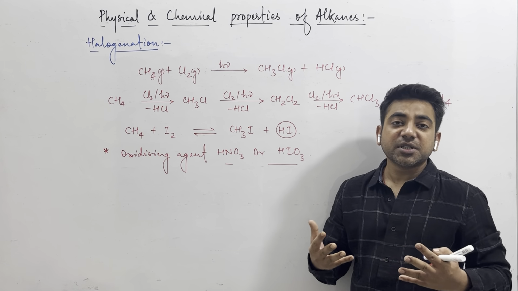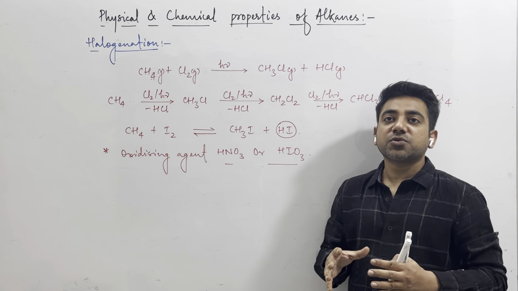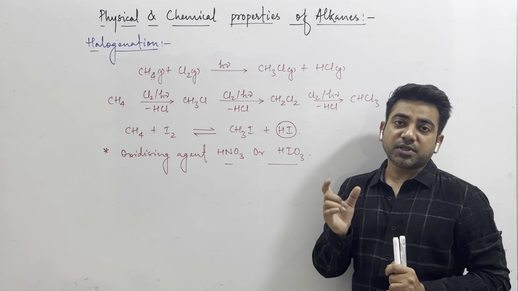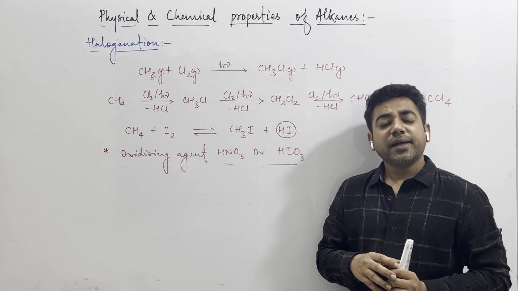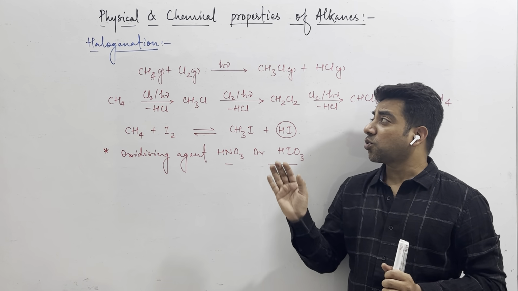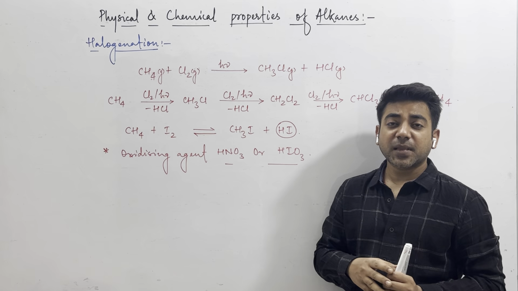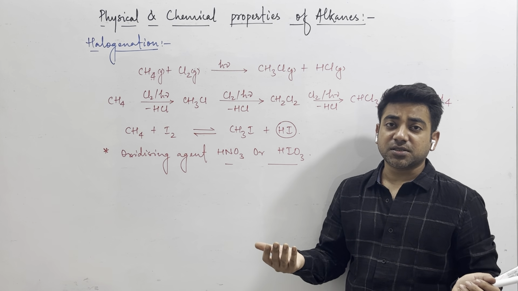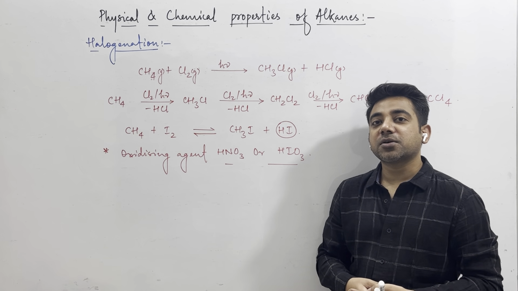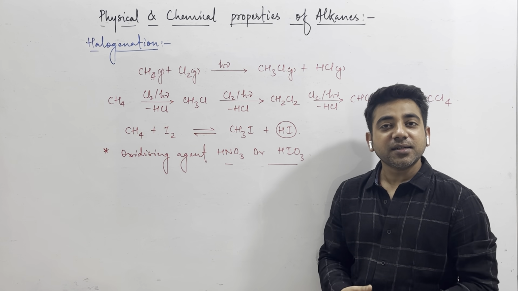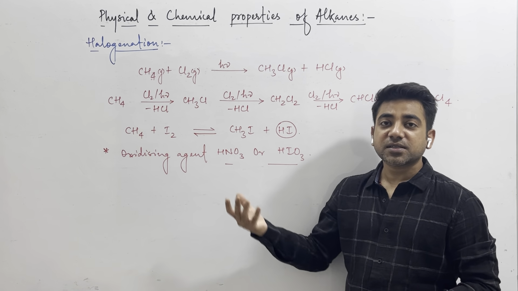CBSE has not given any deleted portion very clearly. They have only given the term 2 curriculum or term 1 curriculum. In the term 2 curriculum description, the topic is not listed. Halogenation mechanism is not listed. So maybe it might be deleted, but because it's very unclear, let's try to understand the mechanism.